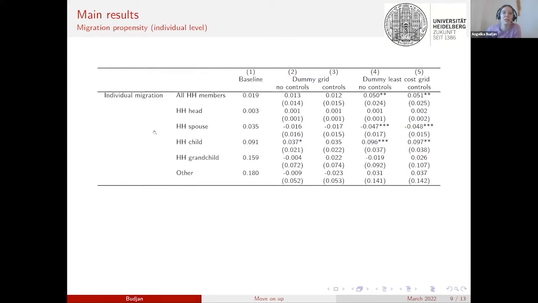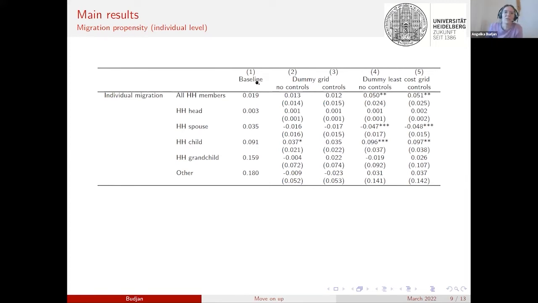At the individual level, one can also see that the individual migration propensity increases by quite a lot. So at baseline, we have only a 2% probability that a household member leaves the household in a given period, and this increases by 5%.